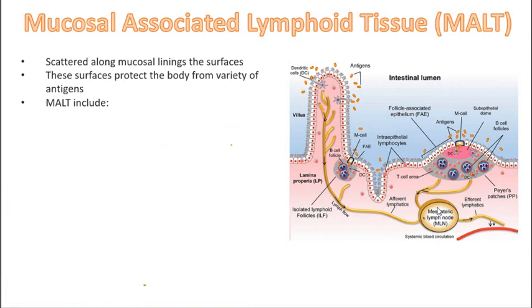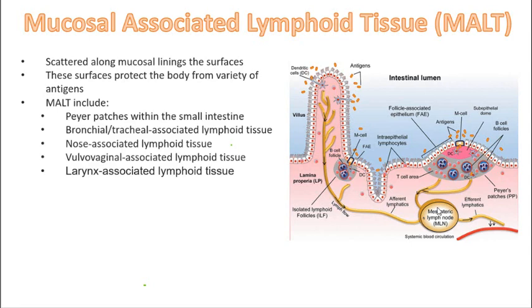Now, mucosal associated lymphoid tissue is basically the type of tissue that's found all throughout the mucosal membrane in the surface. Those include the Peyer's patches, the bronchial and tracheal associated lymphoid tissue, nasal associated lymphoid tissue, vulvogenital associated lymphoid tissue, larynx associated lymphoid tissue.